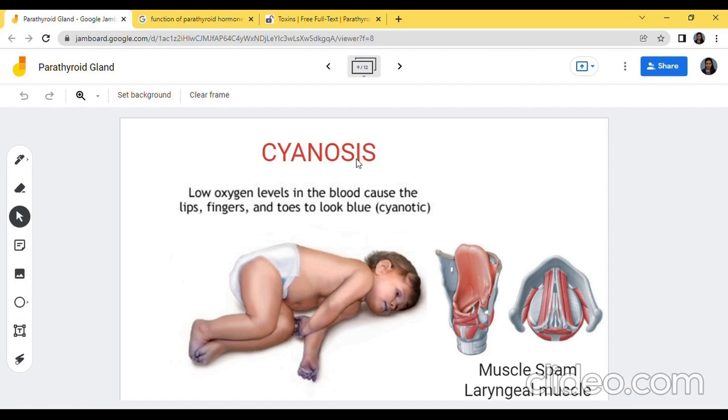We can observe cyanosis in a child by observing a blue or grey color of the skin, nails, lips or around the eyes. We can call it cyanotic. Cyanosis occurs in infants and children due to the muscular spasm, that is involuntary contraction of muscles of the larynx.